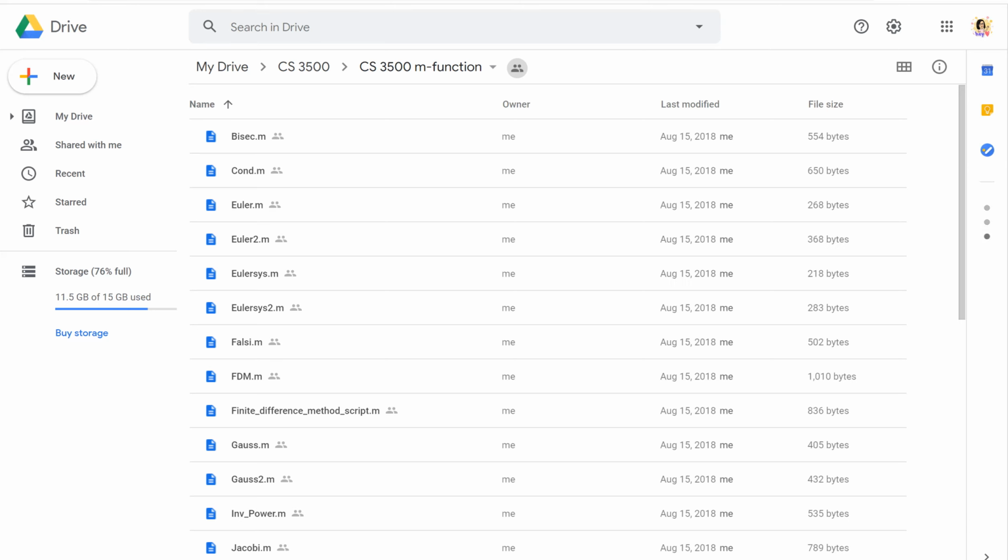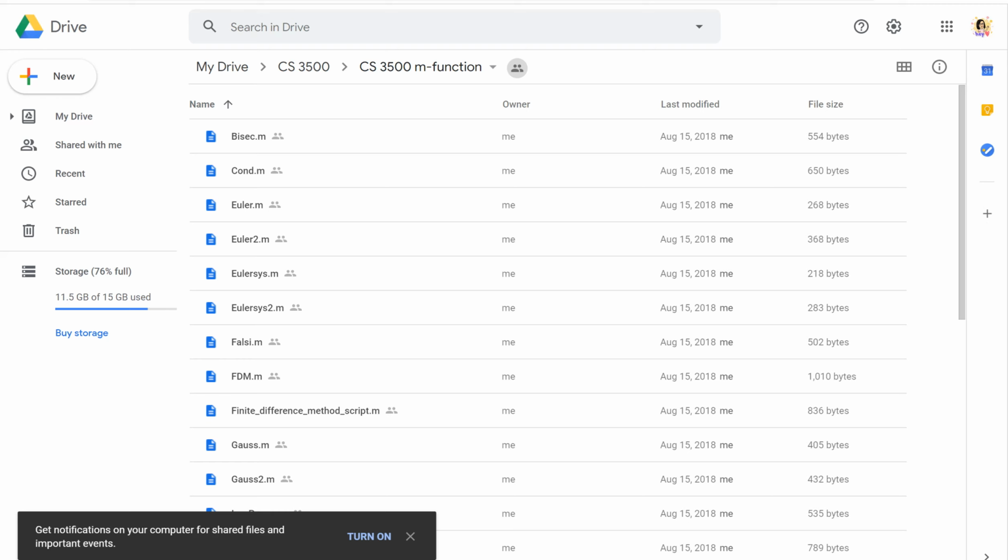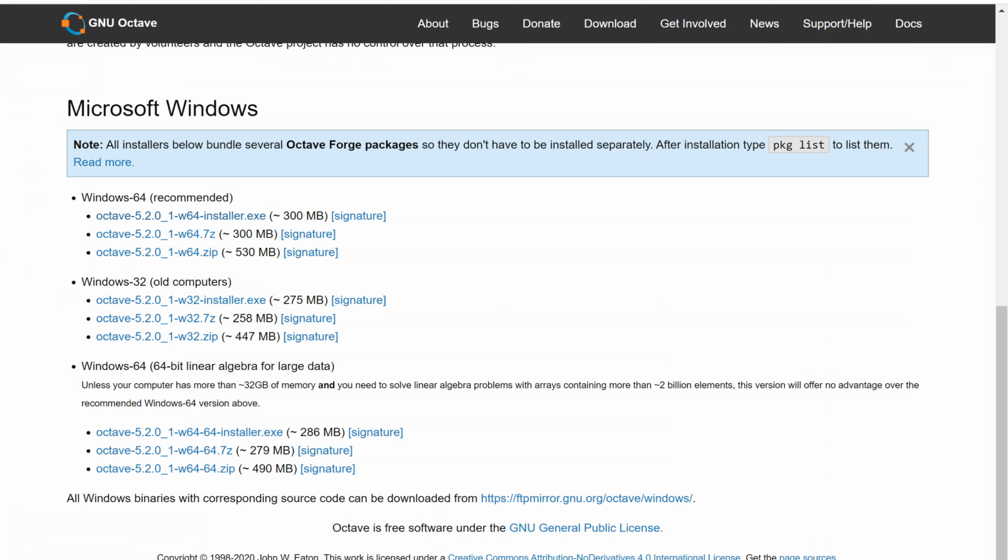Do you have MATLAB at home? If you don't have MATLAB at home, I suggest you download Octave. Octave is very similar to MATLAB. They use similar codes. In our course, all the codes also work in Octave, and it is free.